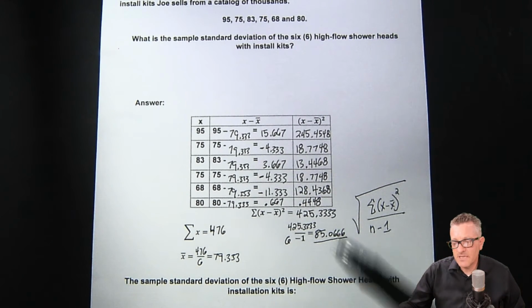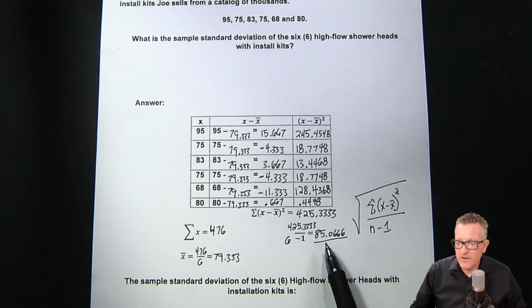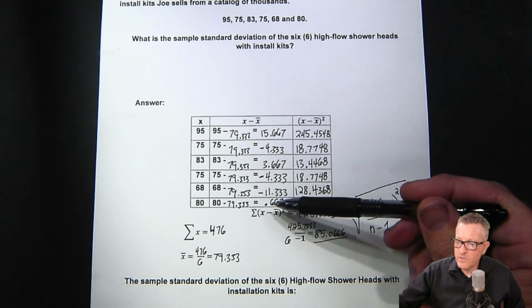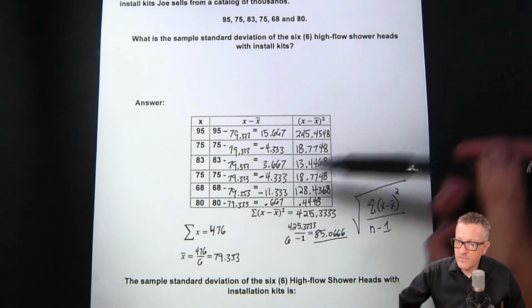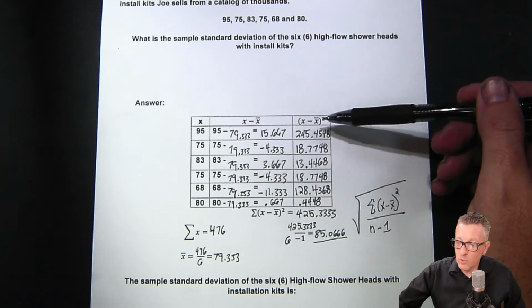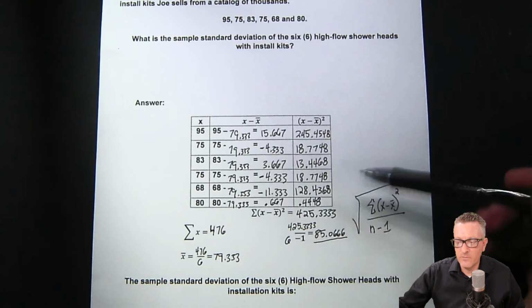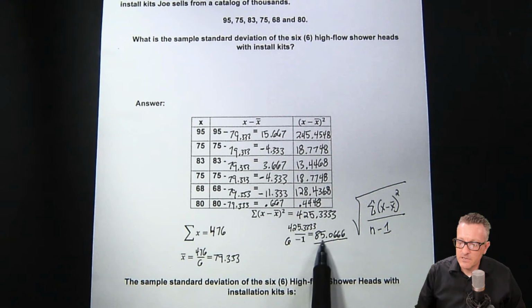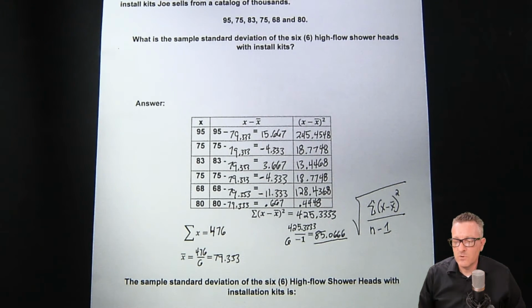Now this is a squared value. Because what we did was we got the differences, then we squared the differences, then we added them up, and then we divided it, but we're still working with a squared result. So the number's really big.